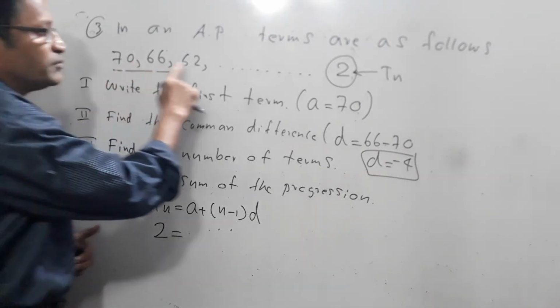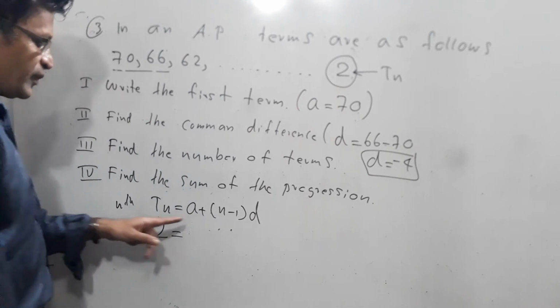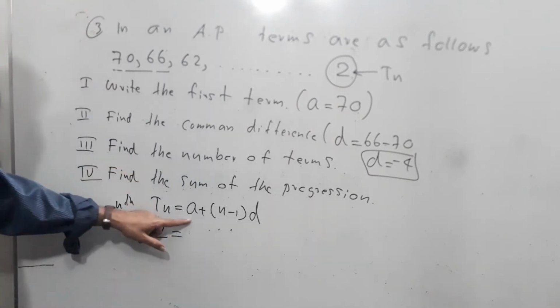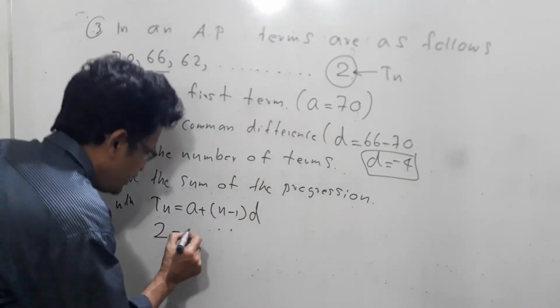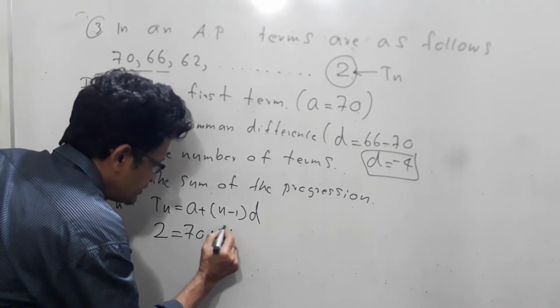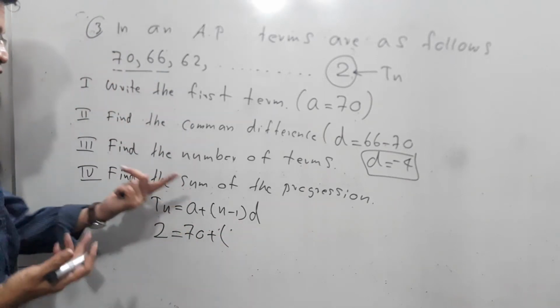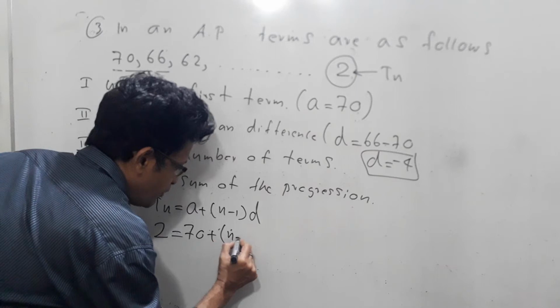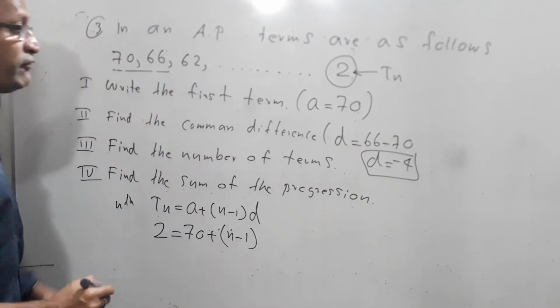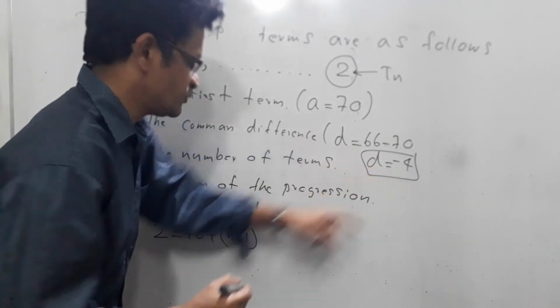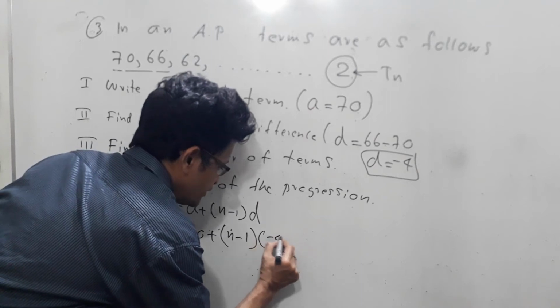N is number of terms. Then A. A equal what? A we know that is 70. So A we put 70 plus n minus 1. N we don't know. So we write n minus 1 d. D we have found, that is minus 4. We substitute minus 4.